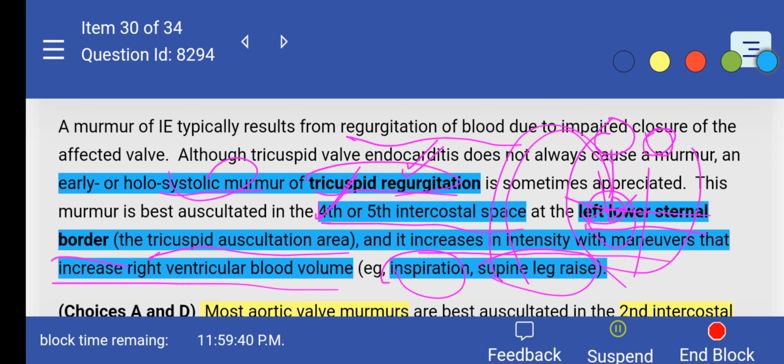The walls are already damaged, so it will further increase the murmur sound. So inspiration and supine leg raise increase venous return, which increases stroke volume and the burden on those damaged walls.